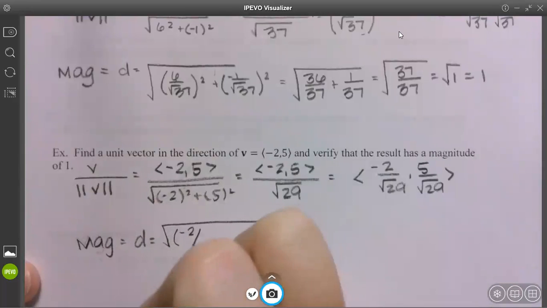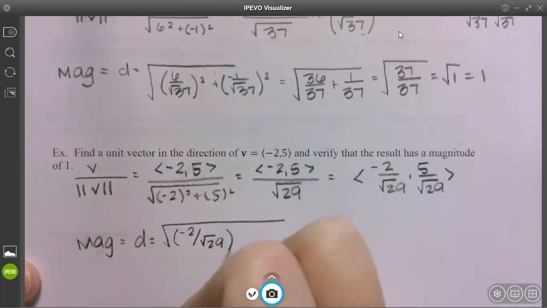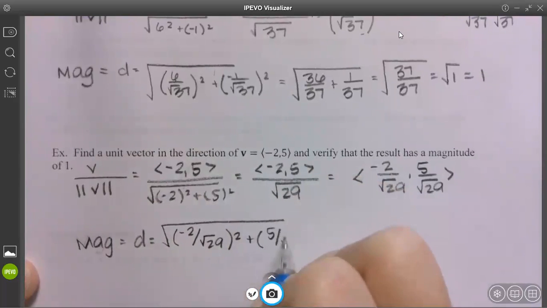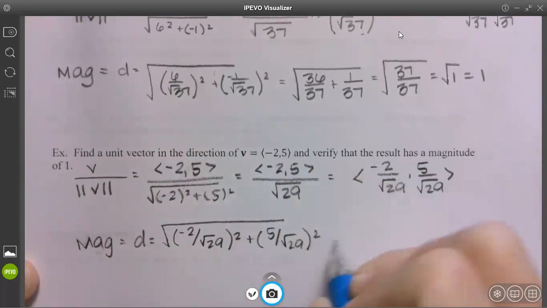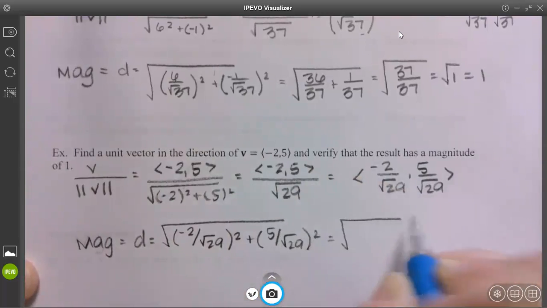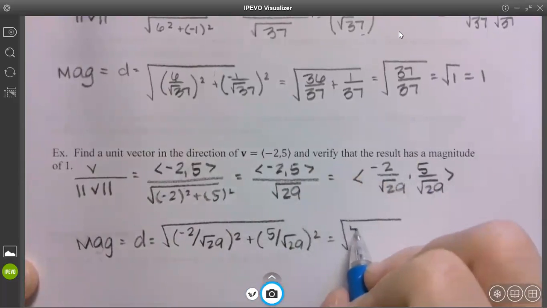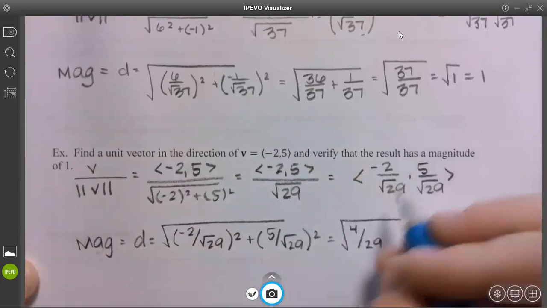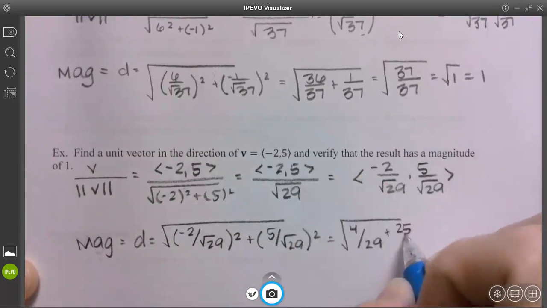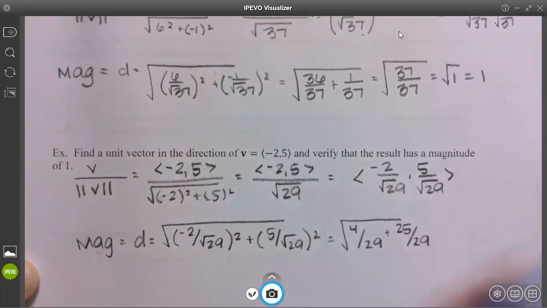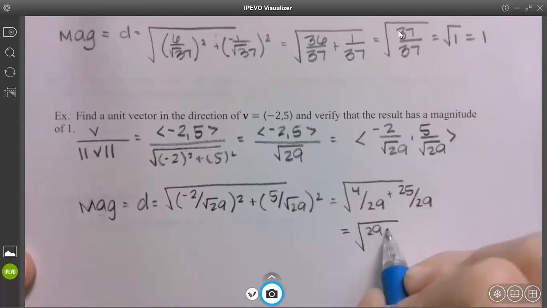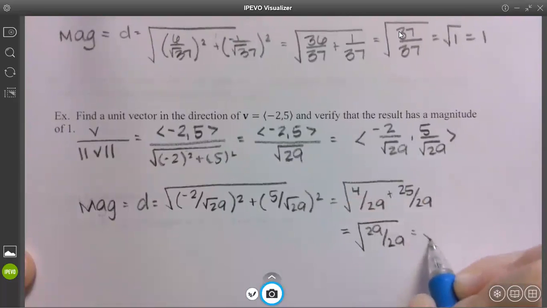So we're going to have -2 over the square root of 29 squared plus 5 over the square root of 29 squared. -2 squared is 4, and we're going to take off the square root of 29. 5 squared is 25 over 29. 25 plus 4 is 29 over 29, or the square root of 1, which is 1.